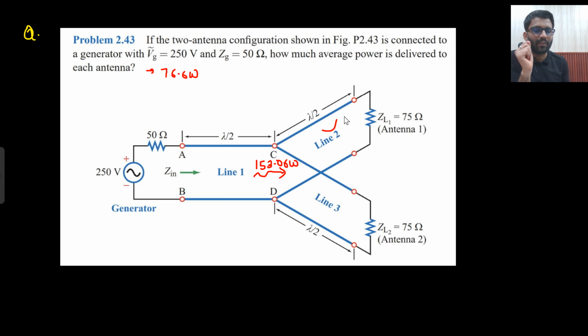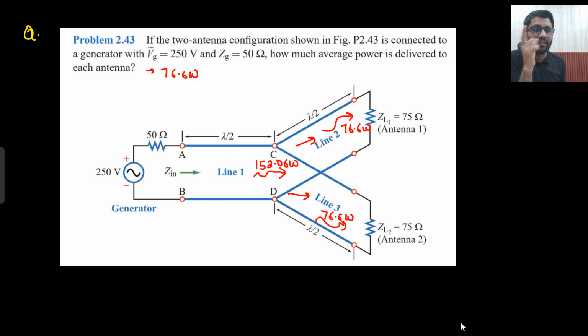Now my doubt is, half of power means like 76.6 watt here and 76.6 watt here. Now what is my doubt? Whether this power is the power delivered to the load or the power that is incident on the load. This 76.6 watt, 76.6 watt. Here what was the power? 153.06. Half of the power is going here and half here.